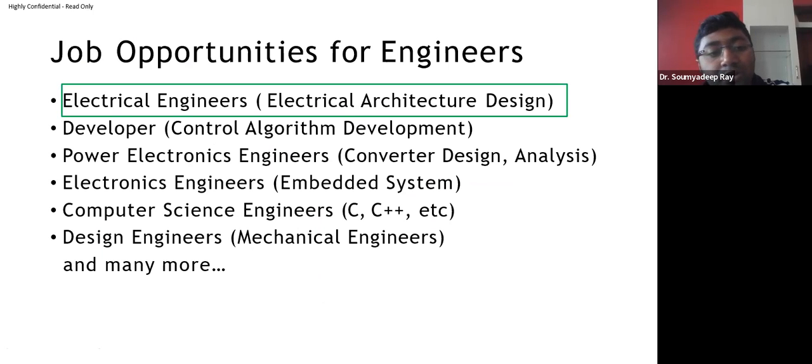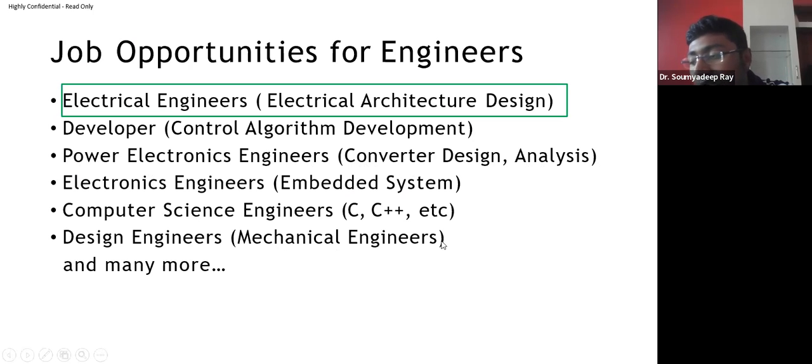Third, power electronics engineers are needed for converter design and analysis, such as the charger and the battery management system. Electronics or computer science engineers are needed for programming and coding, and design engineers from a mechanical background are needed.